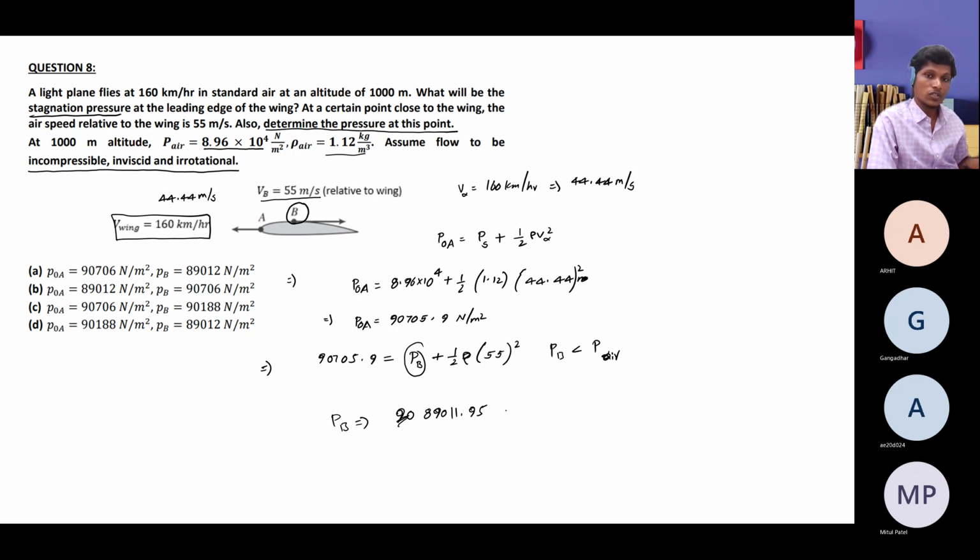This decrease in static pressure happens not only at this point: if you calculate like this for each and every point, with discrete or continuous data, you will get the overall pressure distribution. From that, you can also calculate the overall lift distribution or the net lift force on this airfoil. So that is the solution of this problem.